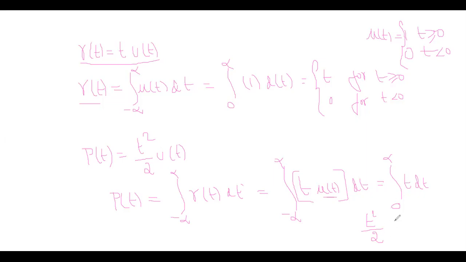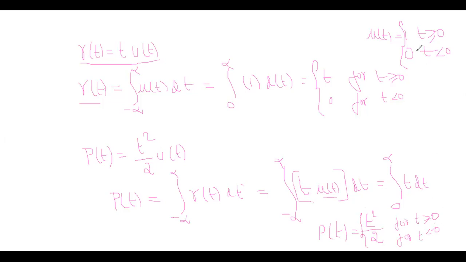With the range of 0 to infinity, we can write p of t is equal to t square by 2 for t greater than or equal to 0, and 0 for t less than 0.